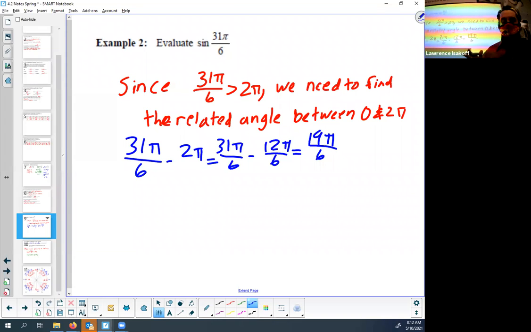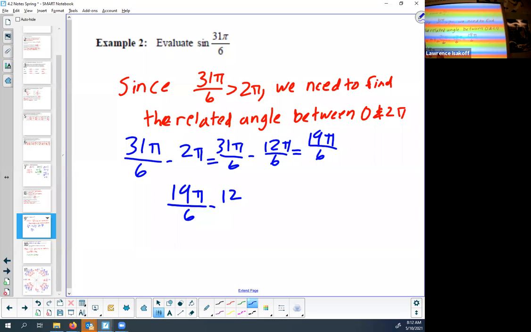Unfortunately, I realized 19 pi over 6 is still bigger than 2 pi, because 19 is more than twice as much as 6. So I'm going to subtract another 2 pi. So that's really just 12 pi over 6. 19 minus 12 is going to be 7 pi over 6.